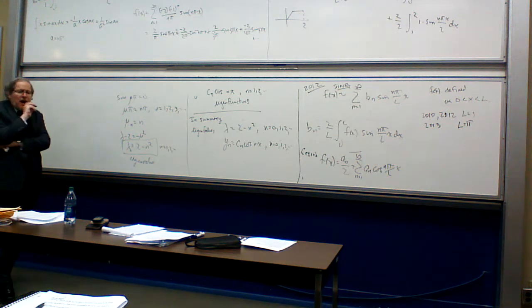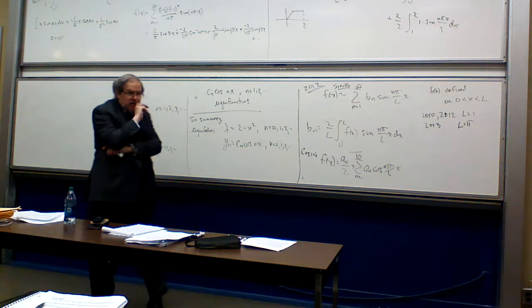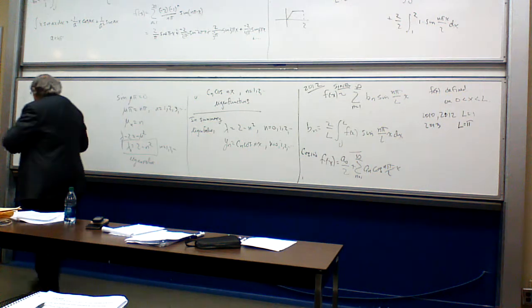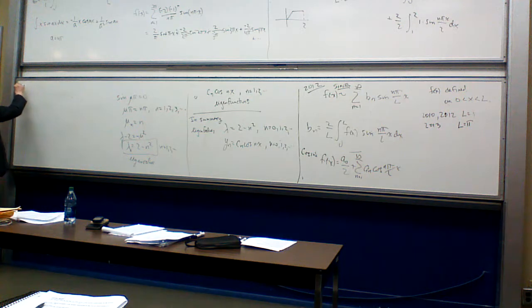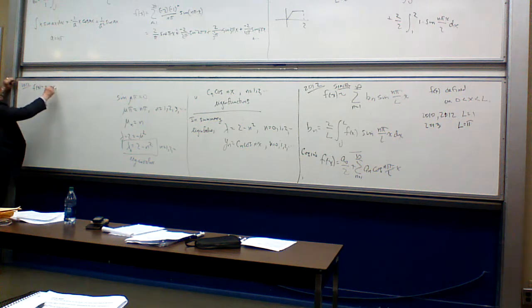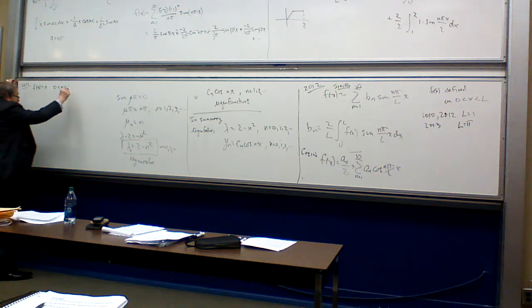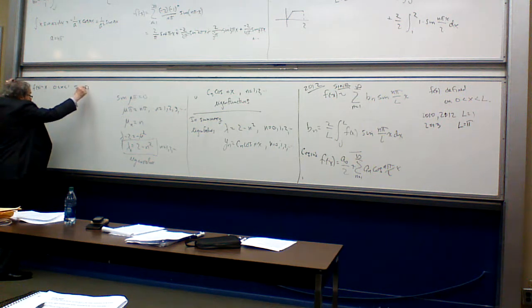The rest of what you're asked for on these things is about convergence. The 2012 function, I'm going to do a couple of these. F of x was x, 0 to 1, and it was a sine series.